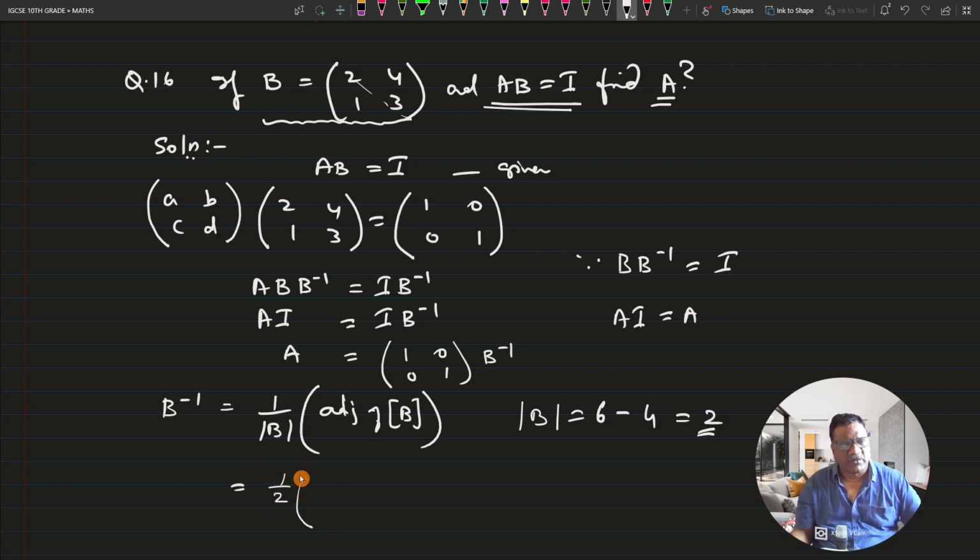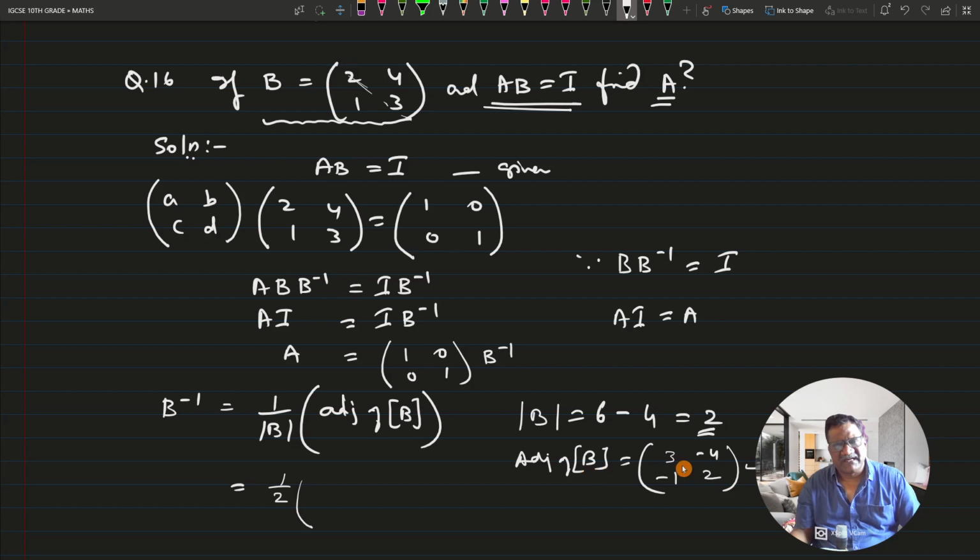Now what will be the adjoint of this B? Adjoint of B will be equal to, now I will swap the position of 2 and 3, and I'll write here 3 and 2 this way, and for this 4 and 1 I'm just going to change the sign, minus 4 and minus 1. So this is the adjoint.